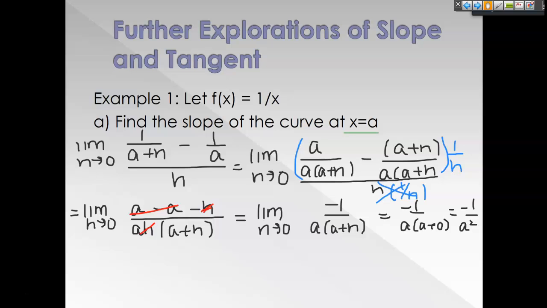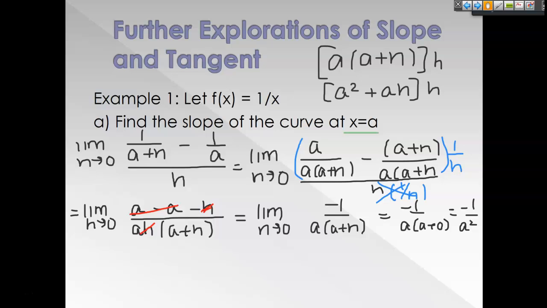Because I didn't distribute. Like, if you had a plus h, and I told you to multiply that by h, ignoring everything else in the problem, even if I had distributed my a originally, and then you had the h, it would become a squared h plus a h squared.